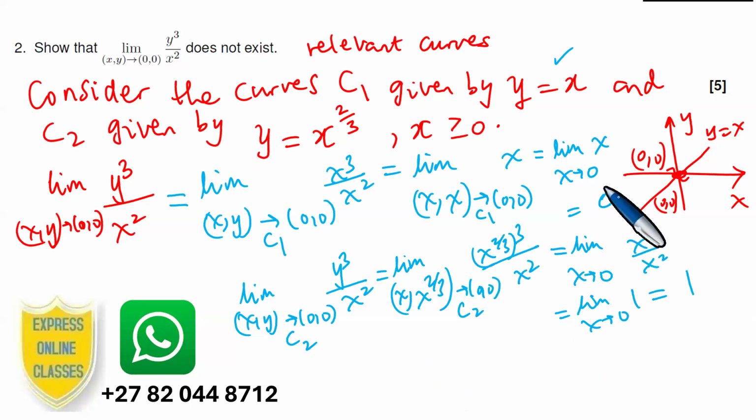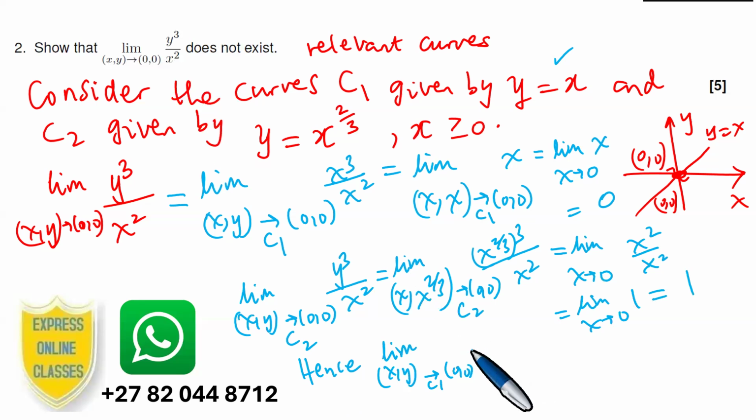So you can see that one is 0 and the other one is 1. In other words, we say hence the limit as (x, y) approaches (0, 0) of this one.